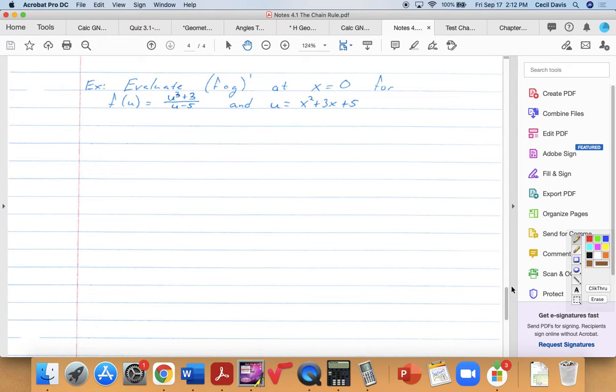So another way, and I don't think I've ever seen it written this way on the AP exam, with the f of g for a composition. Have you guys seen that before? Is that fear of God? No, it's not fear of God.